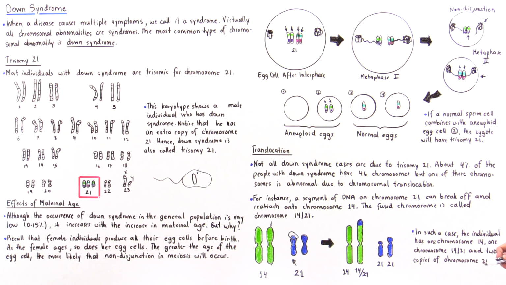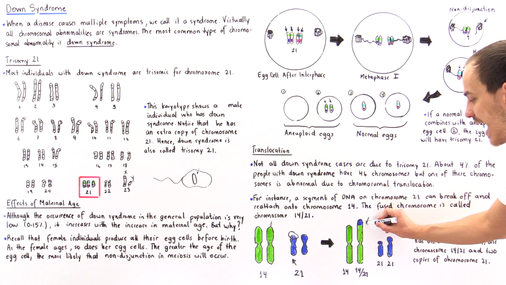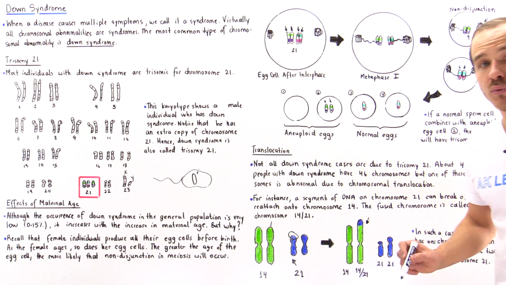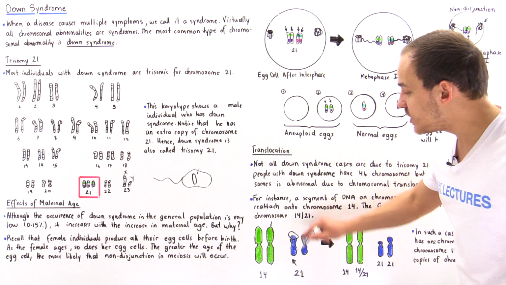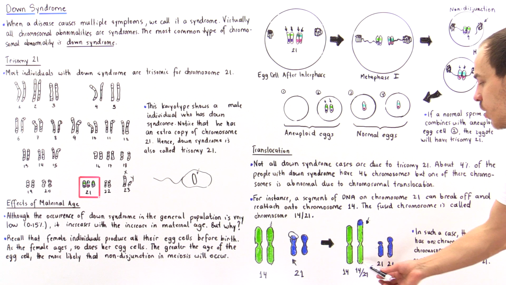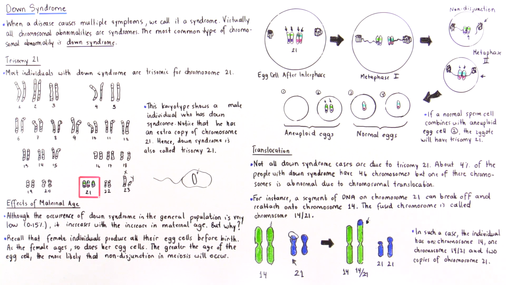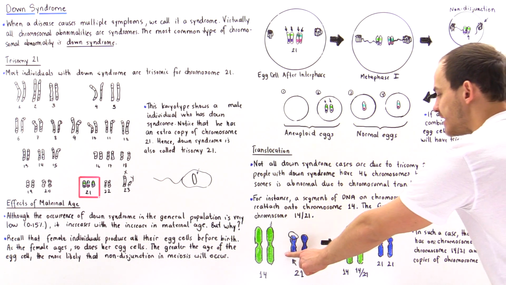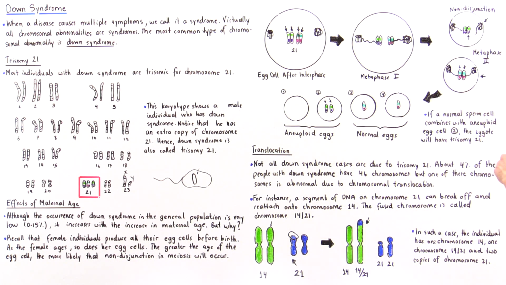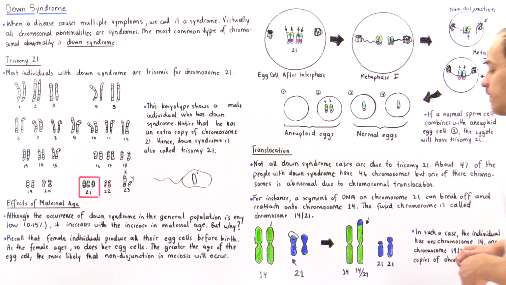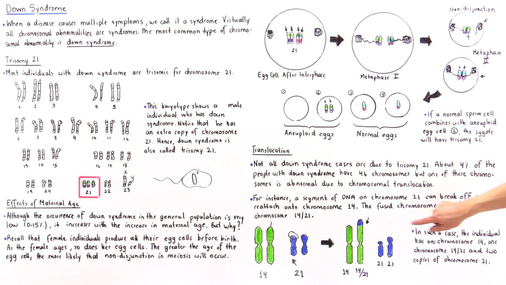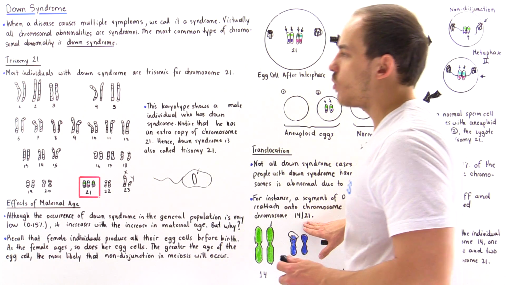And so what we form is this larger abnormal chromosome, and because we have a fusion of a segment of 21 onto 14, we call this chromosome 1421. So a segment of DNA on chromosome 21 can break off and reattach onto a non-homologous chromosome, chromosome 14. And the fused, abnormal chromosome is called chromosome 1421.